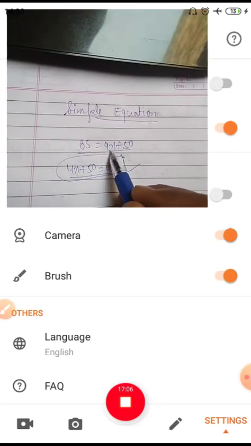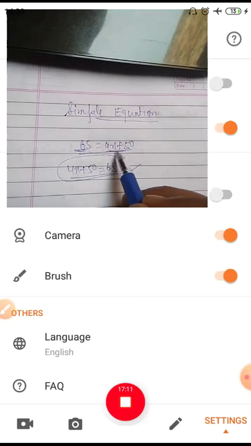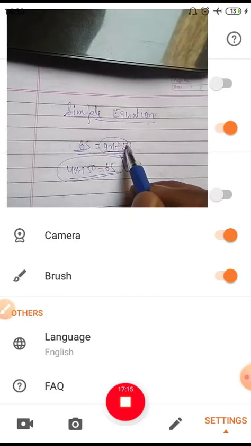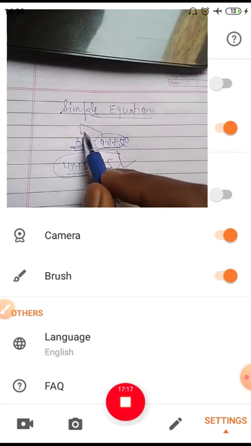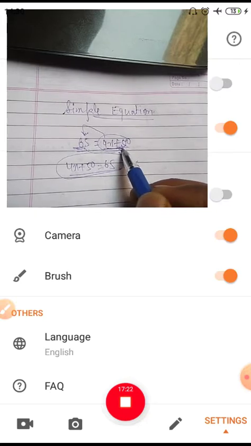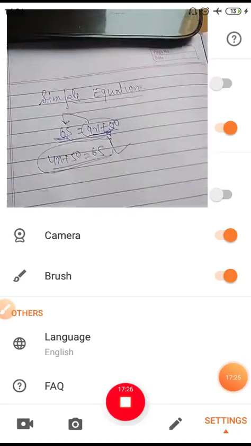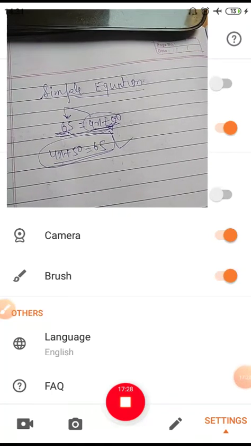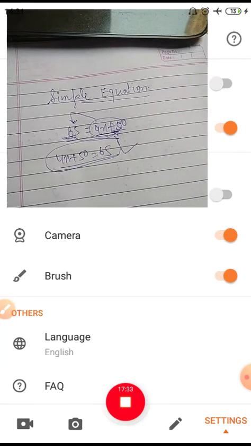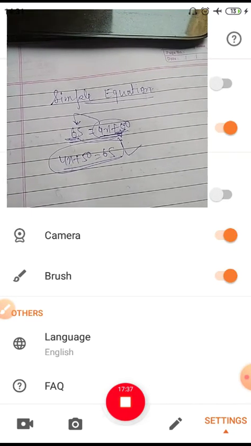Here left side is 65 and right side is 4x plus 50. Both are equal. If you write 4x plus 50 on this side and 65 on this side, there is no change in the equation. An equation remains the same when the expression on the left and on the right are interchanged. This property is often useful in solving equations.